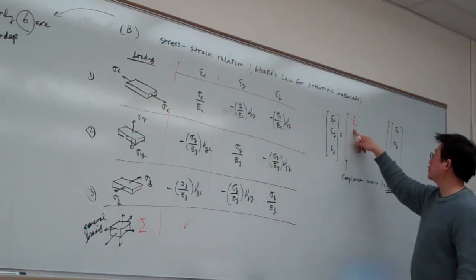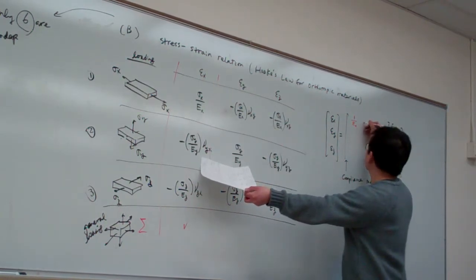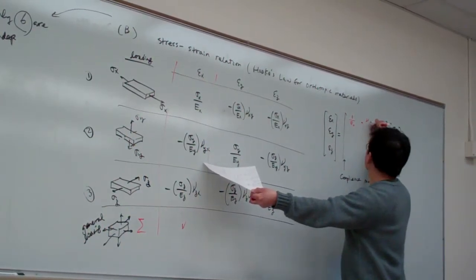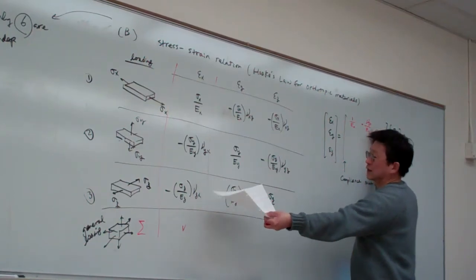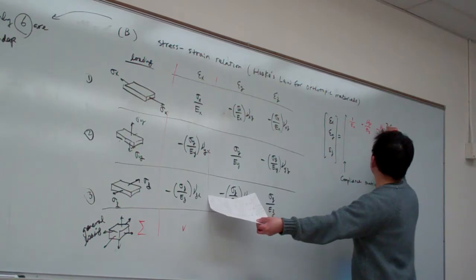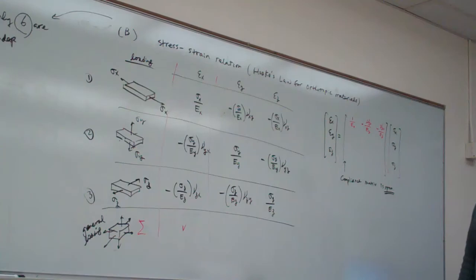The second term will be equal to minus mu yx over Ey. The third term is minus mu zx over Ez.